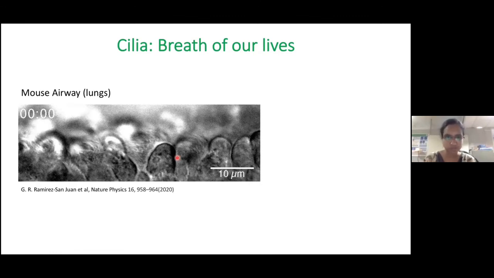I'll play the movie, and you can see that the filaments are going back and forth, and this back and forth motion sets up fluid flow. It's really important for our survival because this fluid flow pushes the mucus and the debris out of our lungs. If you put tracer particles on top of this tissue, you can visualize the unidirectional flow.